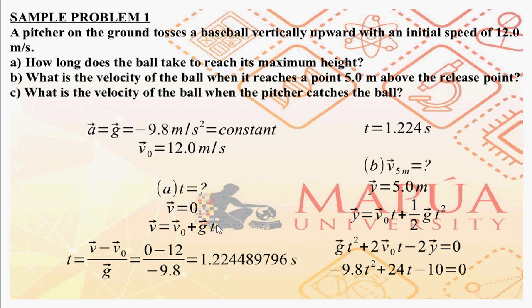The only unknown is the time of travel, the time it takes to reduce the velocity from 12 meters per second to 0, whereupon the object has reached the maximum height, so t is also the time for maximum height. Isolating the variable t, we are able to calculate the time for maximum height, 1.224 seconds.